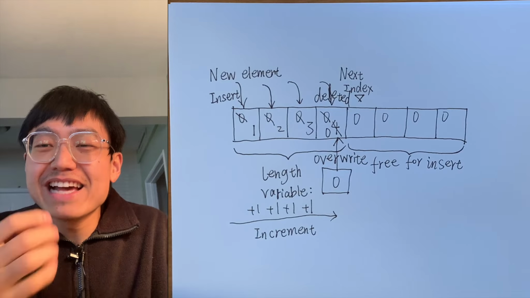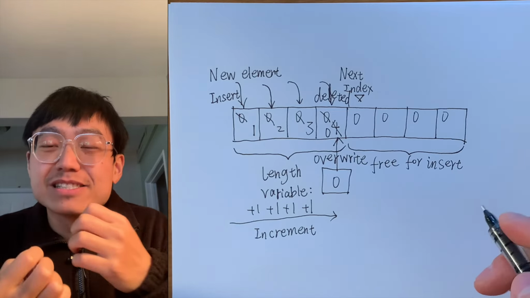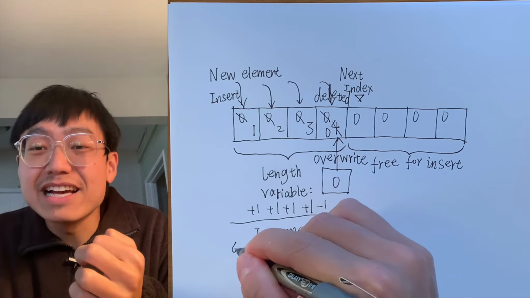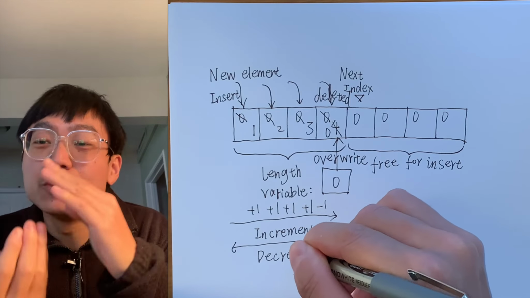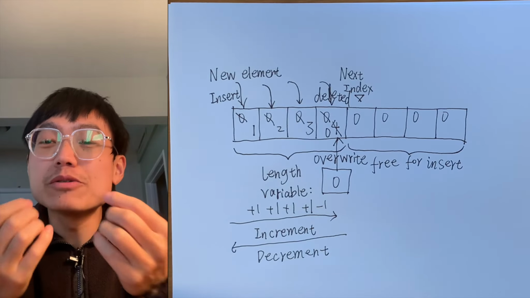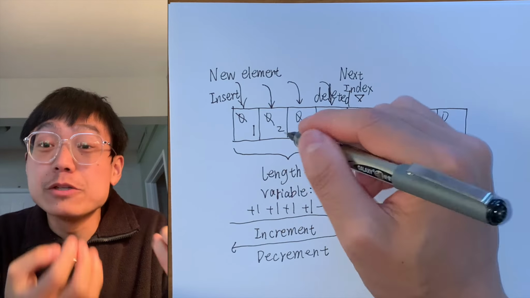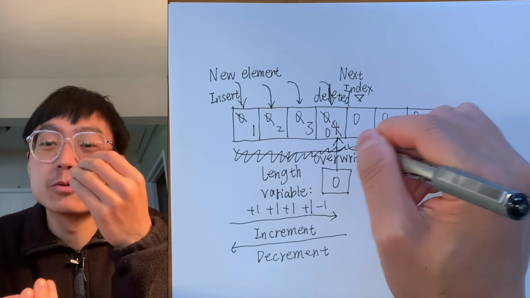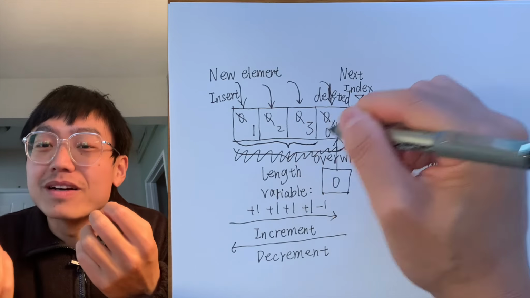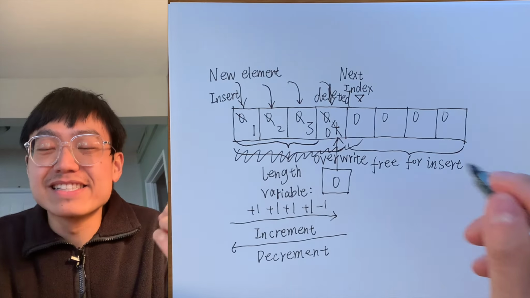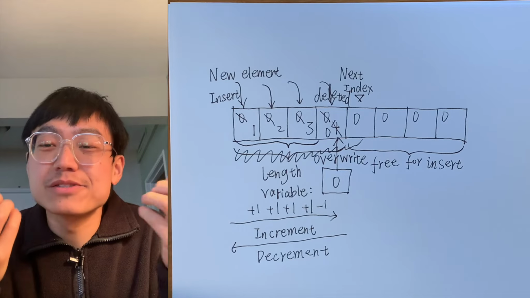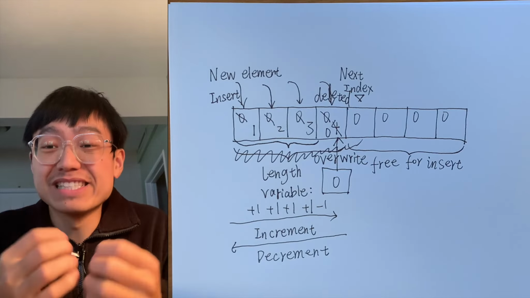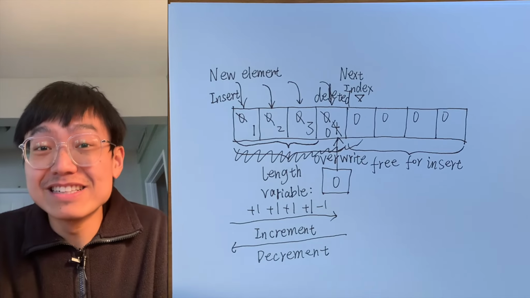The length variable in our example tells us the next index where we can insert a new element, so we reduce it by 1 to ensure the next element goes right over the deleted one. This also indicates that the array now contains one less element, which is exactly what we want programmatically.